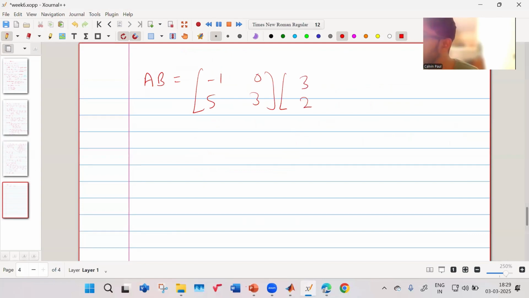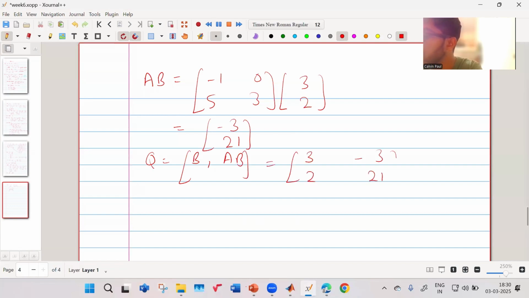So it is minus 1 into 3 is minus 3 plus 0, so this is minus 3. 5 into 3 is 15 plus 3 into 2 is 6, so it is 21. So Q is B comma AB, which is 3, 2, minus 3, 21.